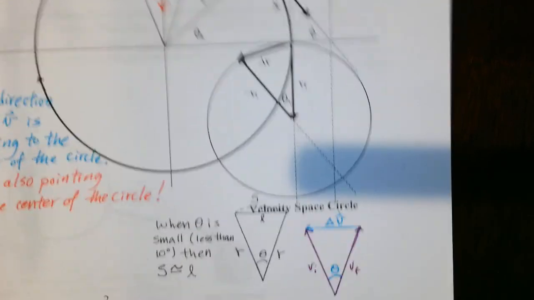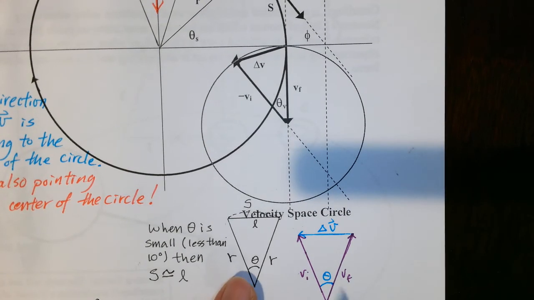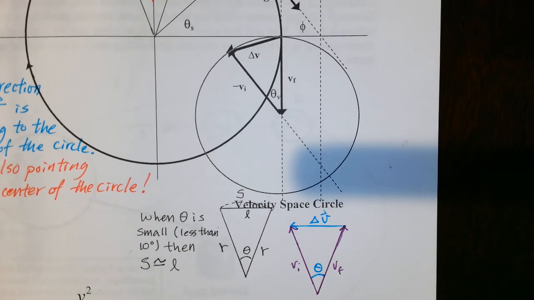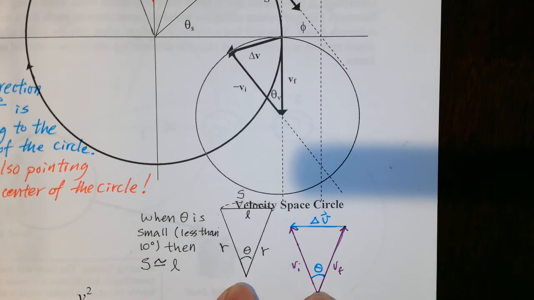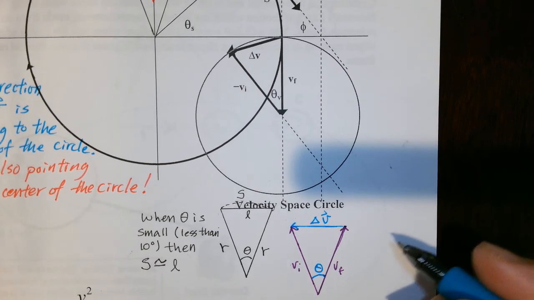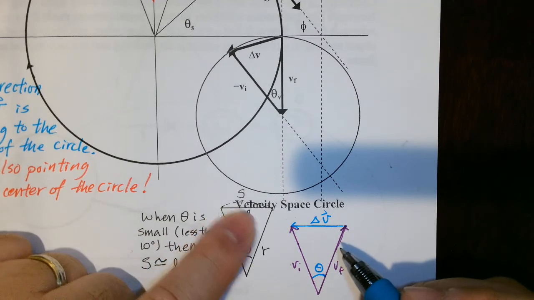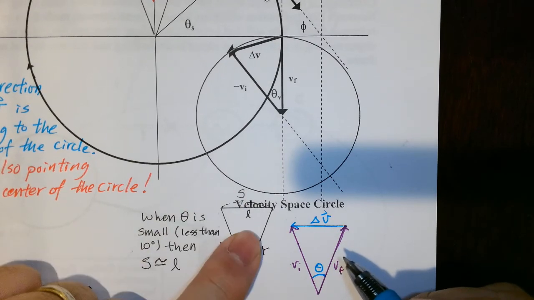All right, now, because these are similar triangles, the proportionality has to be the same, okay? So you can say S or L, basically, they're the same thing, right?